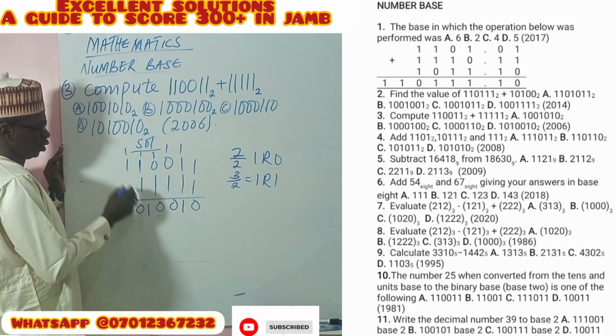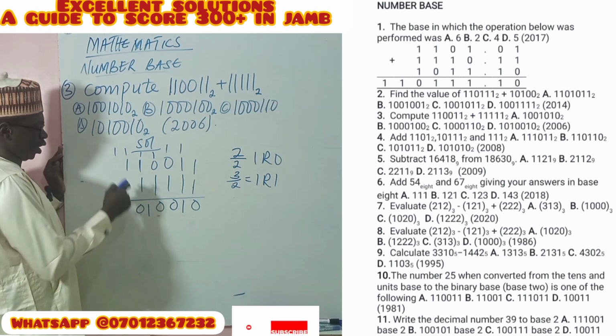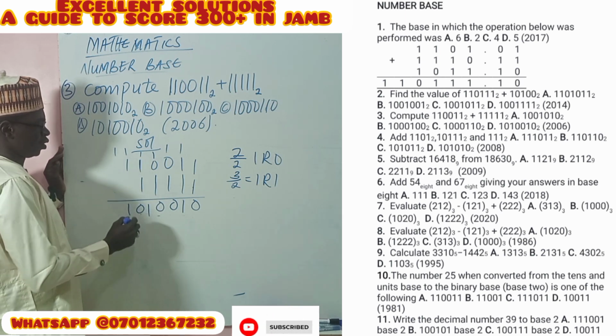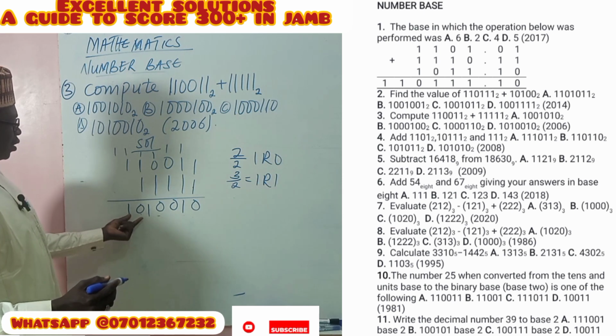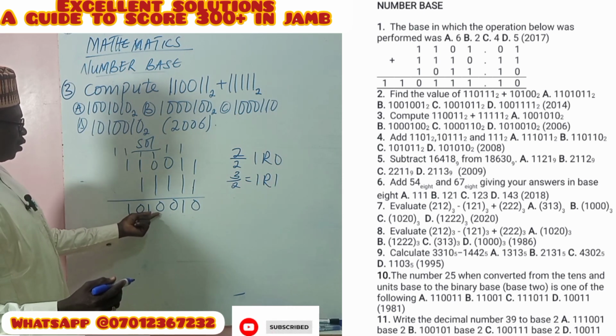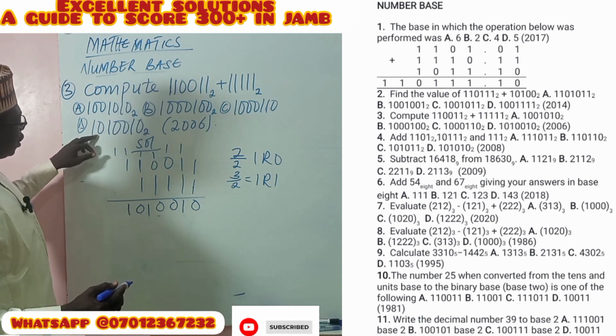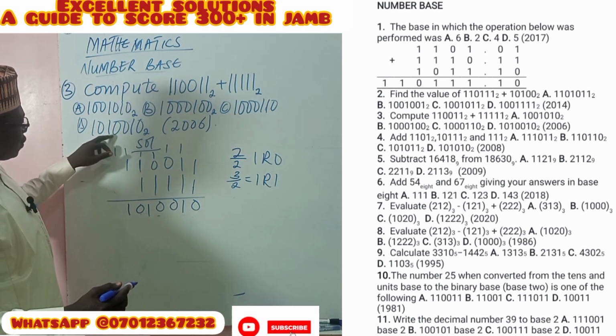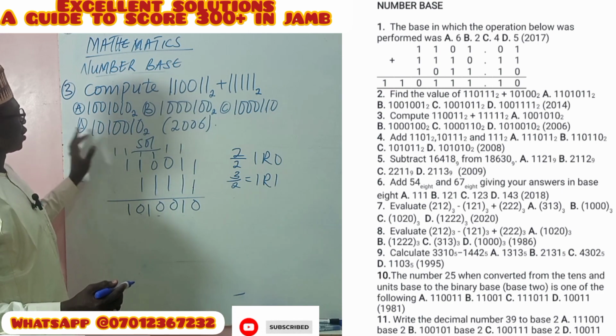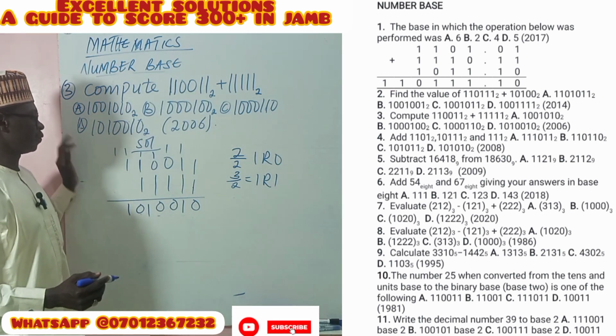We put 0 and carry 1 here. So 1 plus nothing, we have 1. The answer is 101010. If we look at our options, option D is 101010, so the answer is option D.